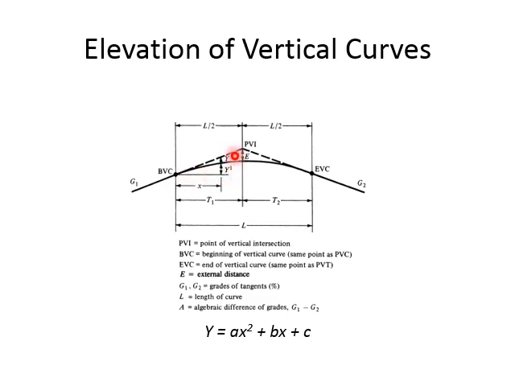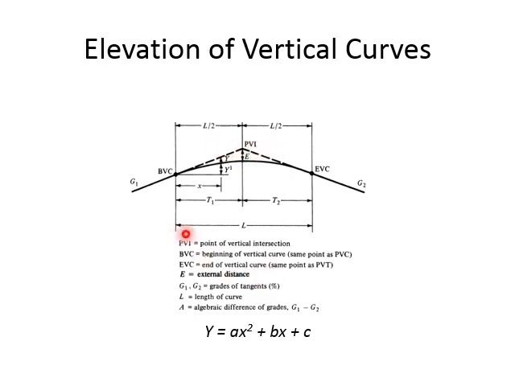Then you see this one, which is the difference in elevation between the curve and the tangent, the gradient. We call it Y or offset. Then we have this E, which is the difference in elevation of the point of intersection of the gradients and the curve. We call it the external distance. Okay, PVI means point of vertical intersection.